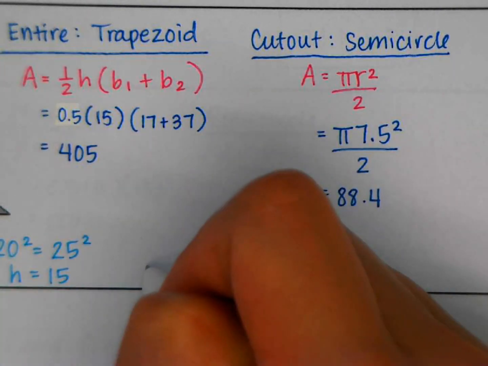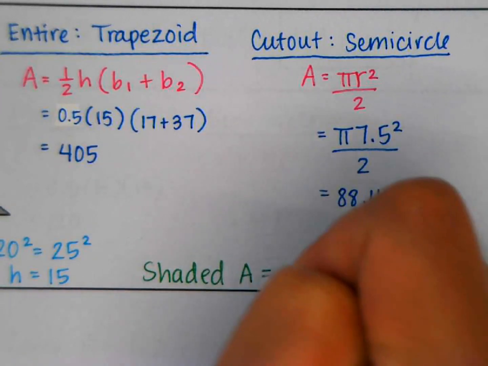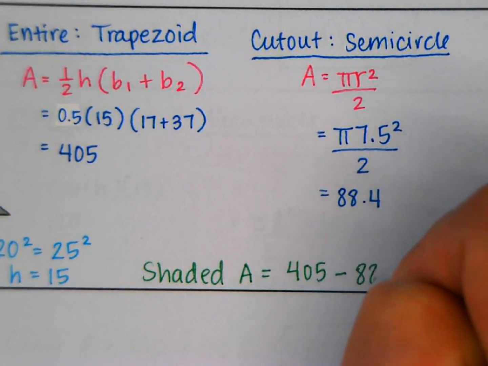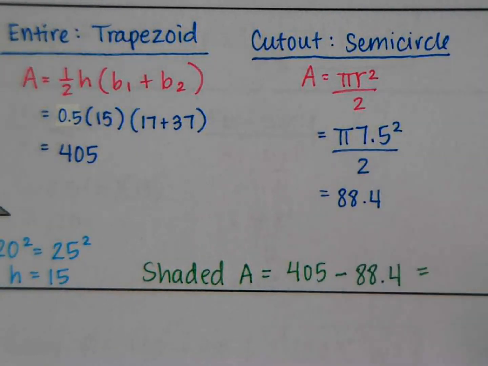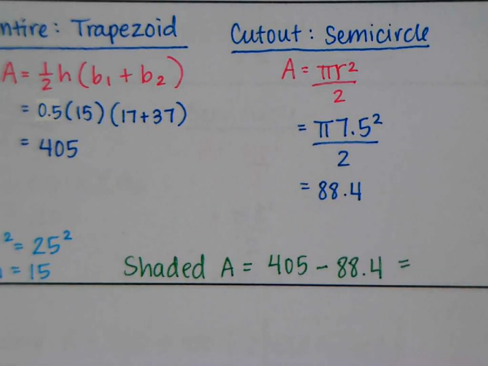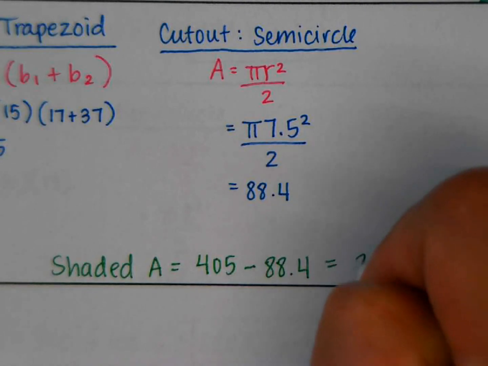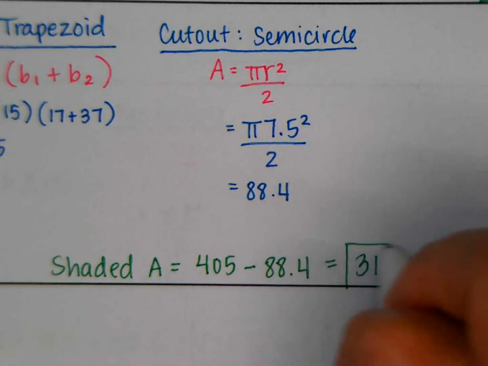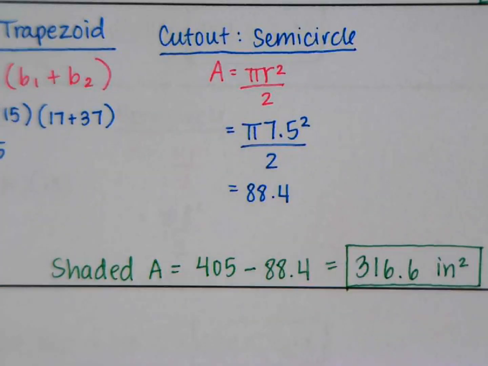So we're going to take our entire figure and subtract, remove the cutout portion. And we get 316.6. Okay, and that's it.